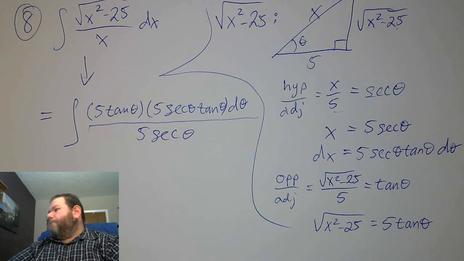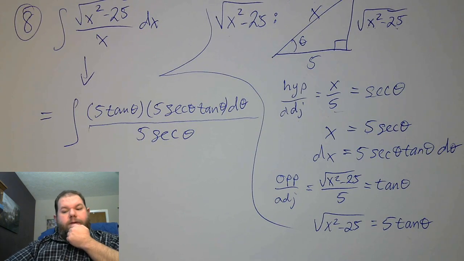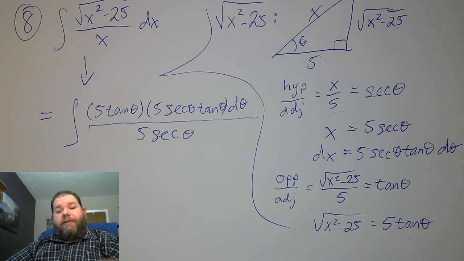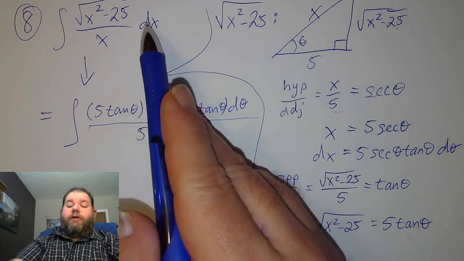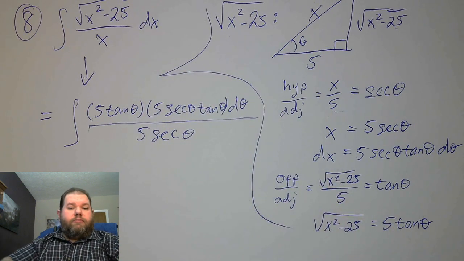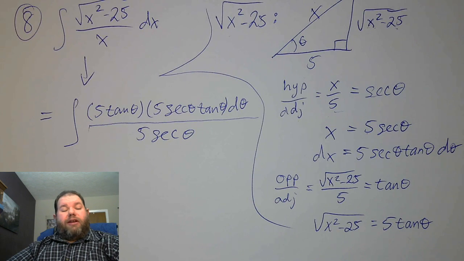So again, it takes us a while to develop that substitution, but this is what we end up with. And we're able to replace all of our x's with functions of theta instead. Whether we're using a U substitution or a trig substitution such as this, we always want to convert our variable from one to another entirely. So after we convert here, there shouldn't be any x's left here. We're now looking at everything in terms of theta instead of x.